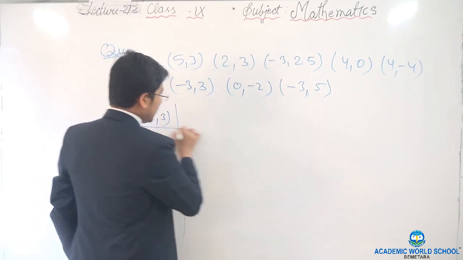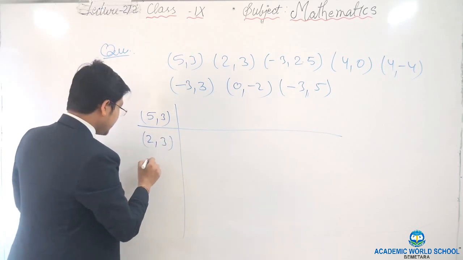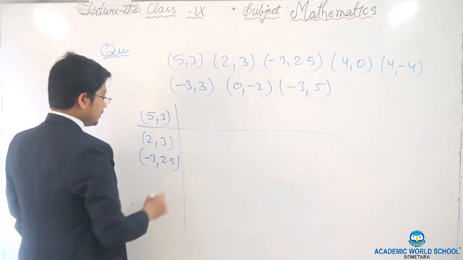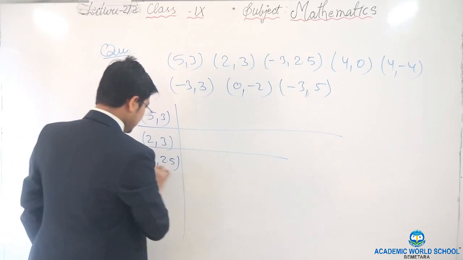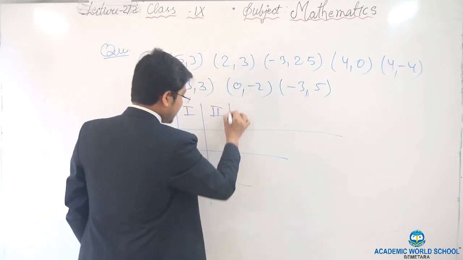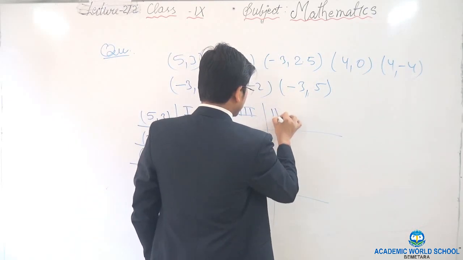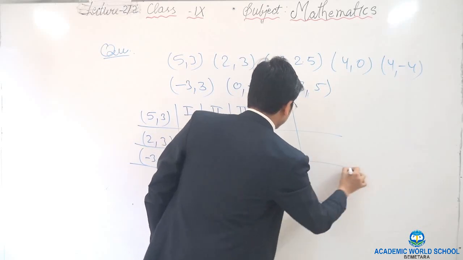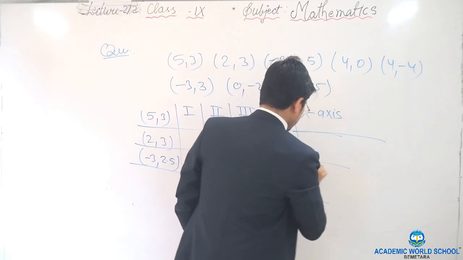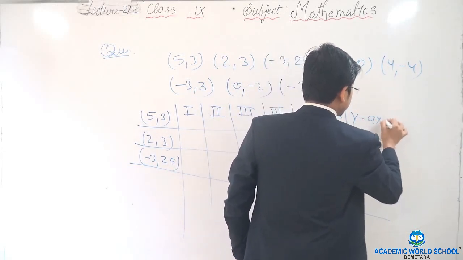We make a column like this, 2, 3, okay, -3, 2.5. Here you write first quadrant, second quadrant, third quadrant, fourth quadrant, on x-axis, on y-axis.